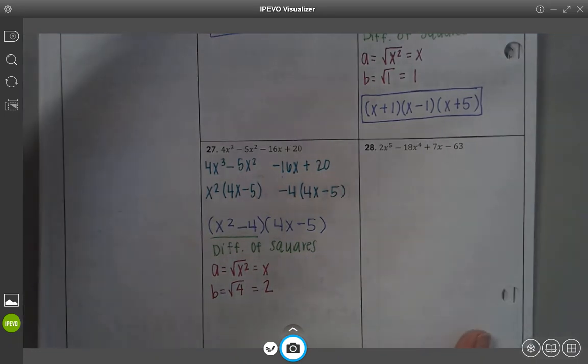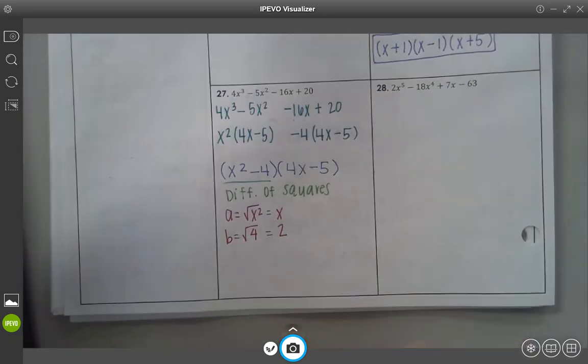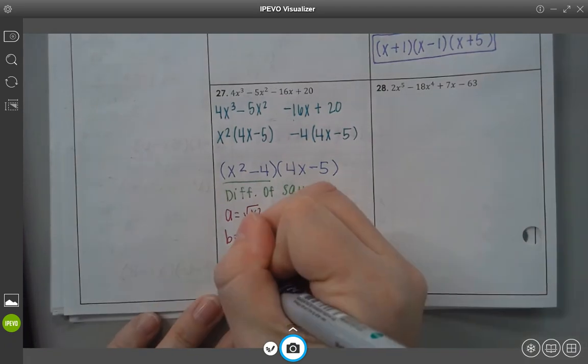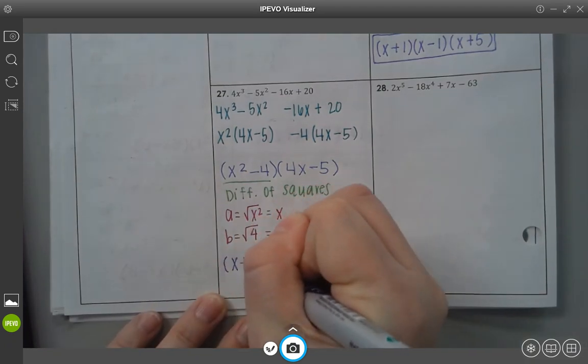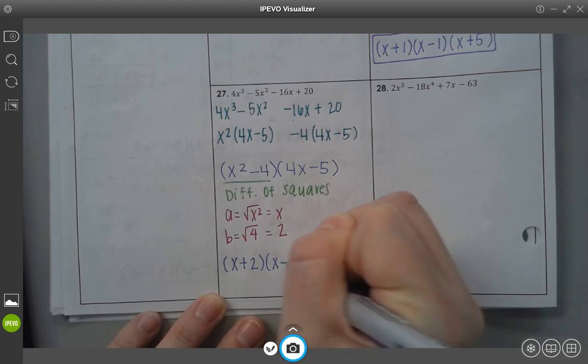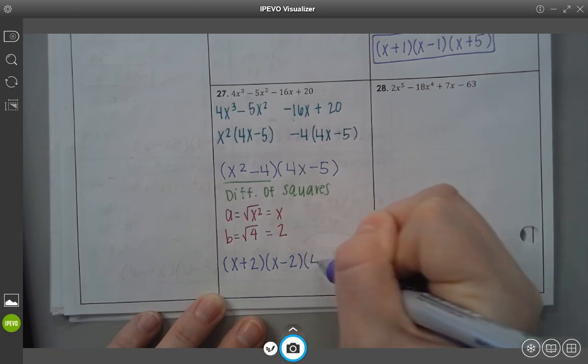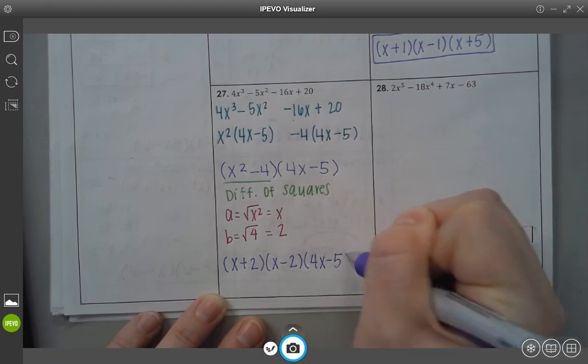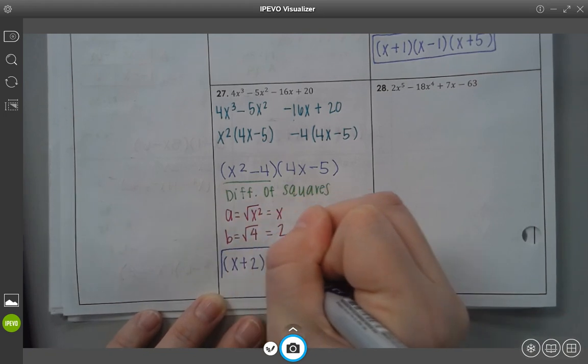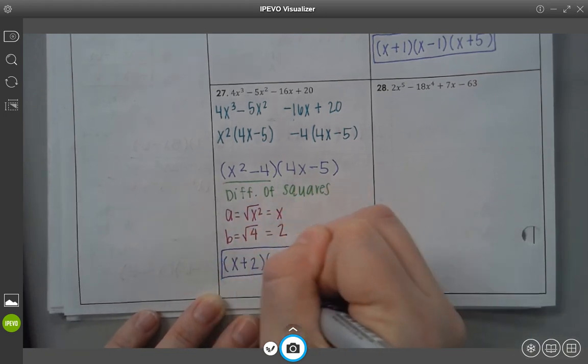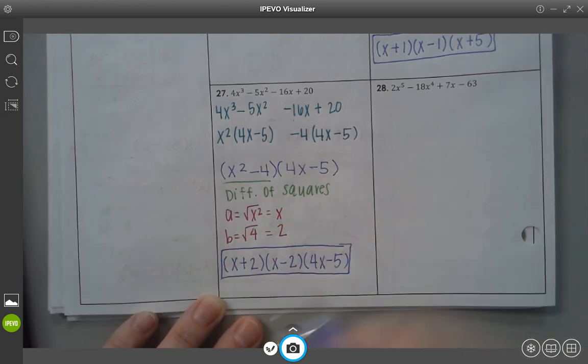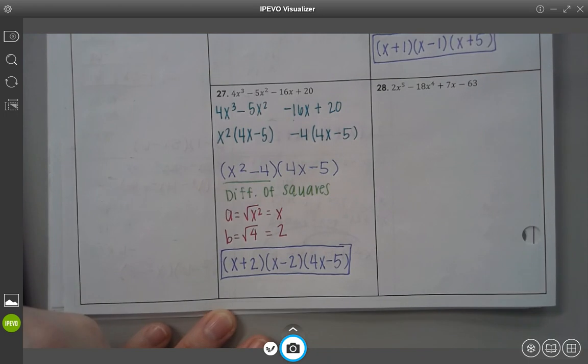And so that factors into what? X plus 2, x minus 2, and 4x minus 5. Don't forget to bring that one down too. Questions? Try number 28.